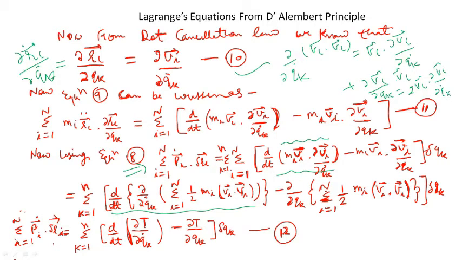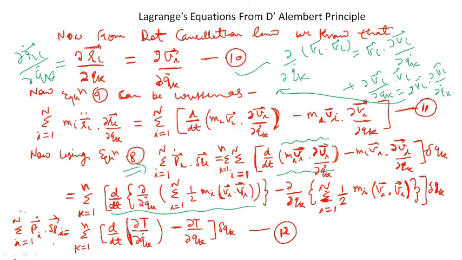Now if I find the value of vi dot ∂vi/∂qk dot, then 2 will be in the denominator on the left side, so it will be 1/2 ∂/∂qk dot of vi dot vi. I can also write it as ∂/∂qk dot of 1/2 vi dot vi, because mi is constant for a particular particle, so we can also introduce it.